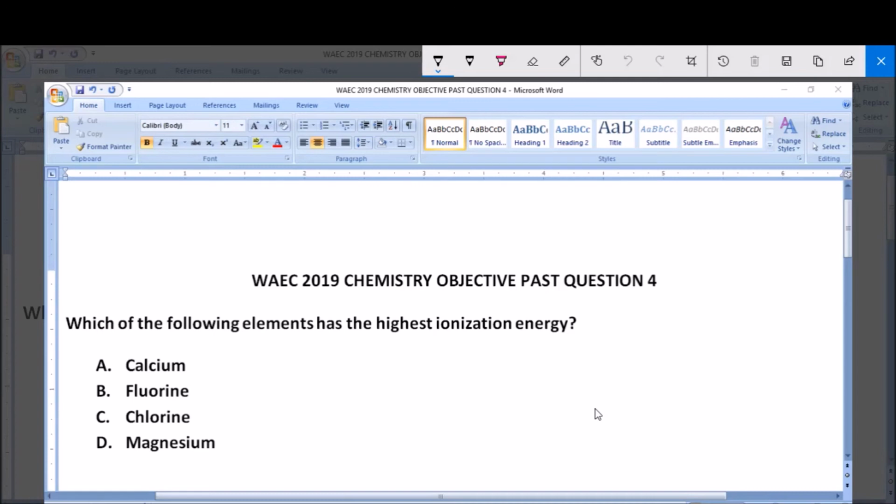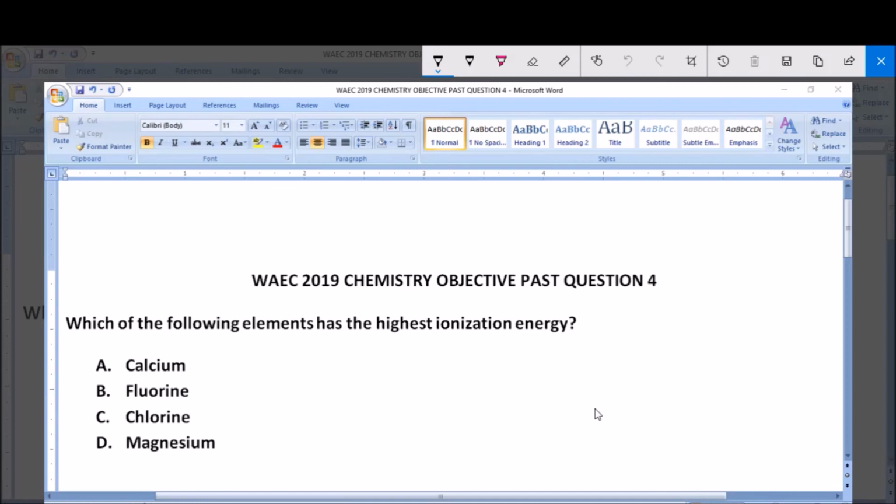So calcium and magnesium are metals, and because they are metals, they require lower energy. The energy required for them to remove electrons is lower, so they are ruled out of possibly being the answer, because the question is asking which one has the highest ionization energy.